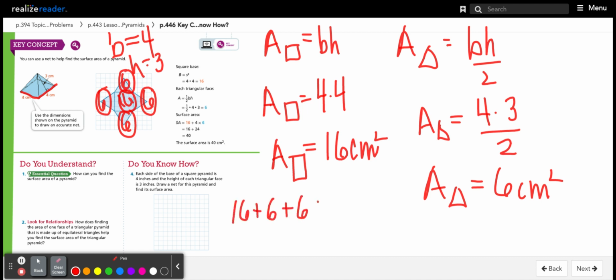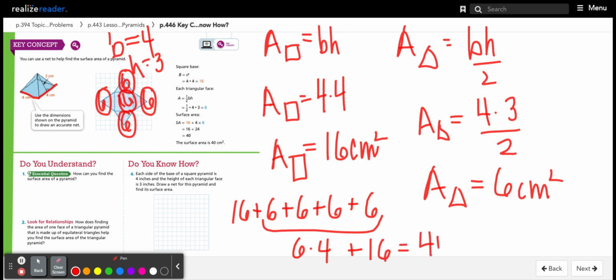Which is the same thing as saying 6 times 4, and then add your 16. So I would have 24 plus 16, which is 40 centimeters squared. So that means the surface area of the whole square-based pyramid is 40 centimeters squared.